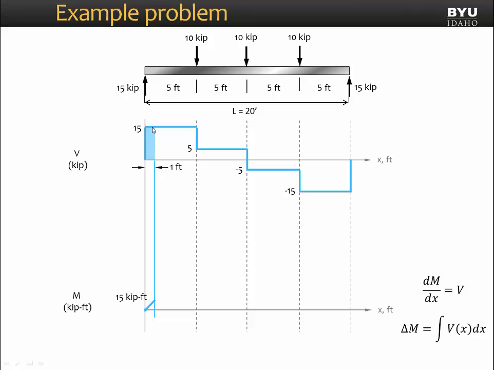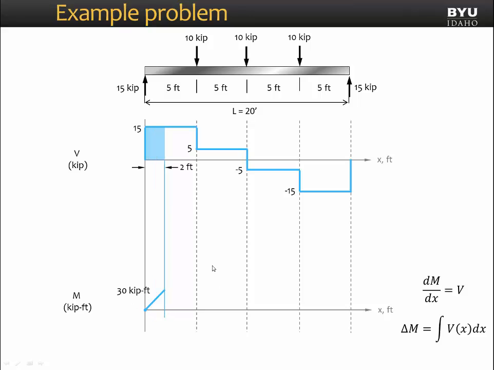That is shown by this light blue box. The area under that box is 15 kips tall, 1 foot wide. That's 15 kip feet. So when we move from 0 feet to 1 foot, our change in our moment diagram will be the area under that portion of the shear diagram, which is 15 kip feet.